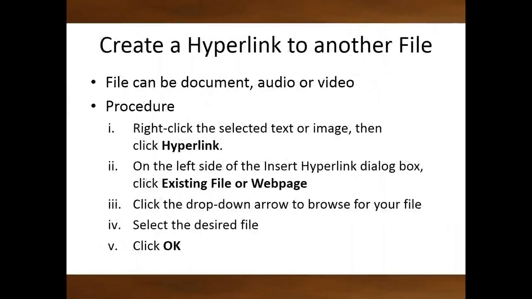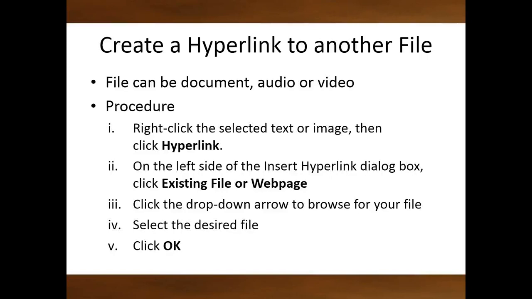Let us learn how to create a hyperlink to another file on our computer. Now, the file can be a normal document, an audio, or a video. Let us look at the procedure. Step 1.